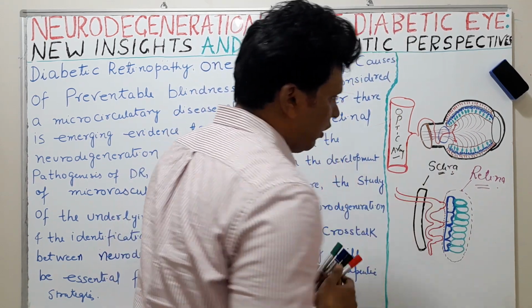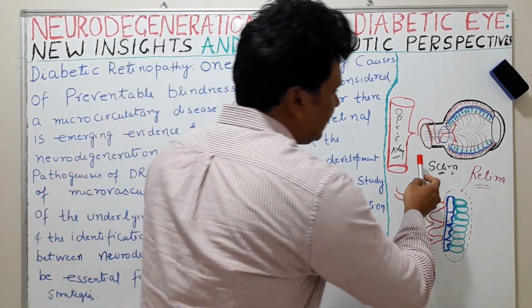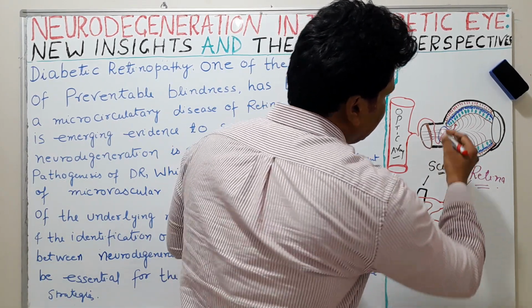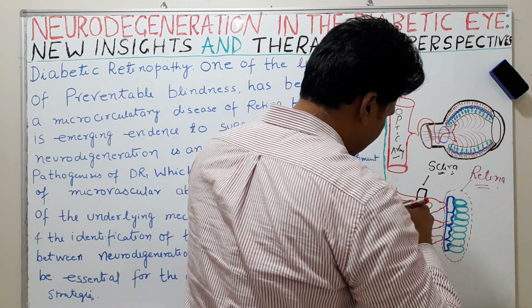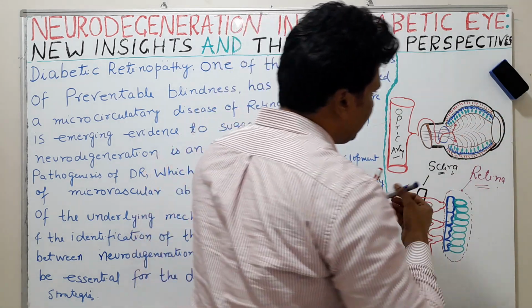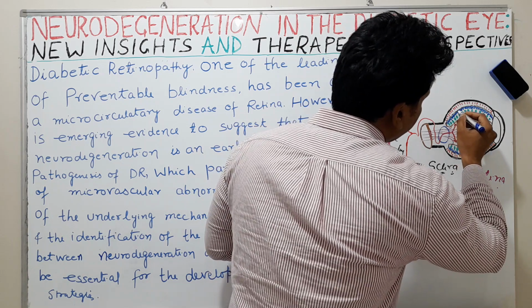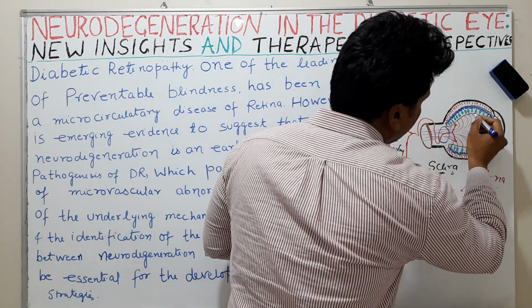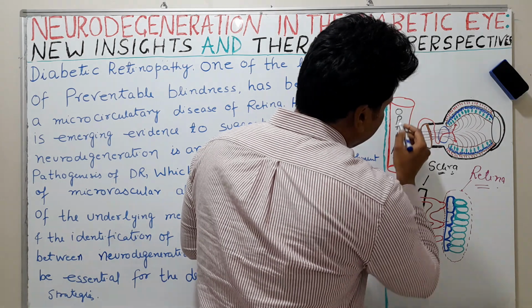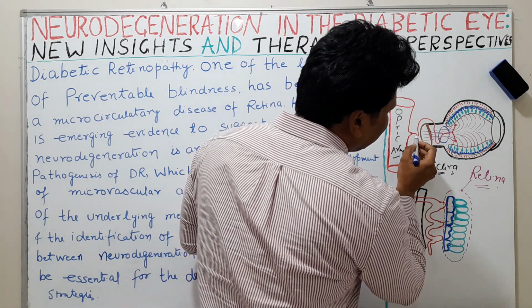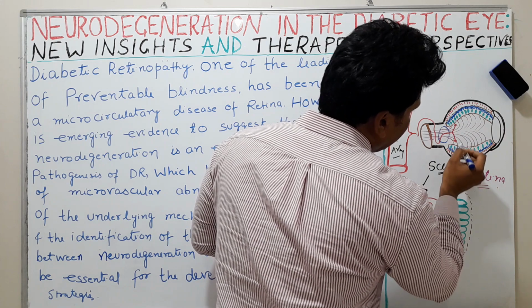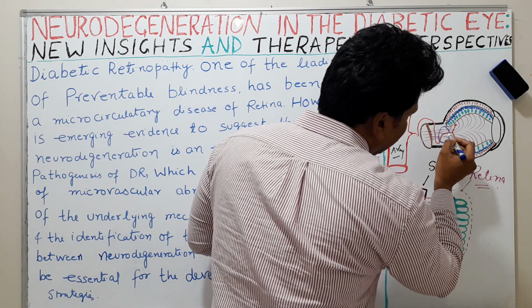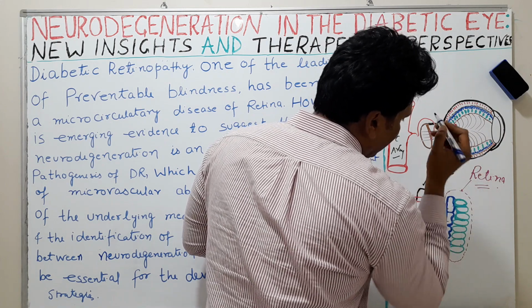This is the picture of the retina. This is the eyeball, this is the cornea, sclera, choroid, and this part is the retina. And this is the optic artery which supplies blood to the inner layer of the retina. These are the nerve fibers passing through the optic disc.